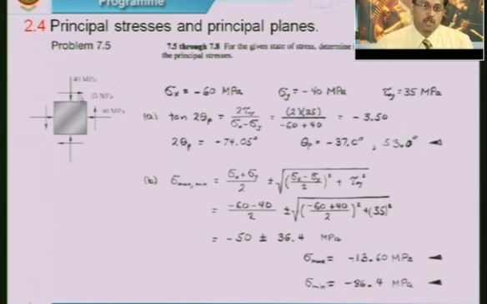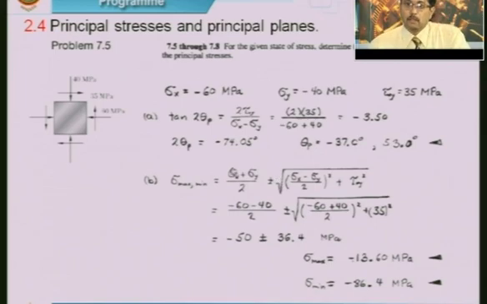Sigma y is also negative, minus 40, substituted here, divided by 2, plus or minus, because we are finding the maximum as well as the minimum principal stress. Then sigma x minus sigma y, minus 60 minus of minus 40, which is plus 40, divided by 2, and tau xy is positive, so 35 whole square.